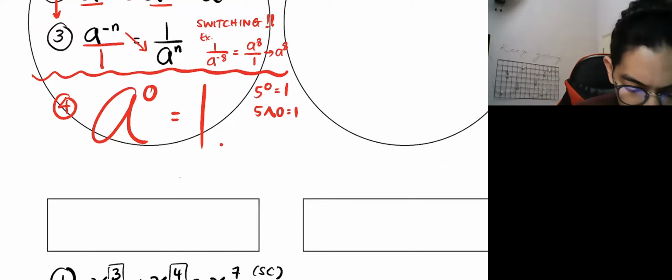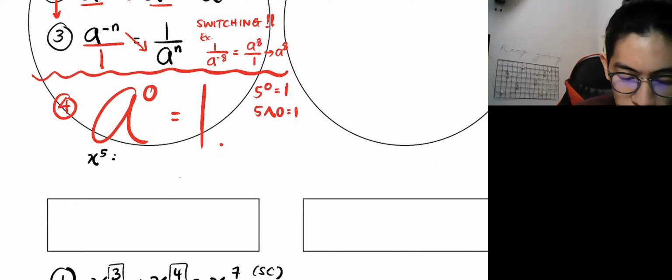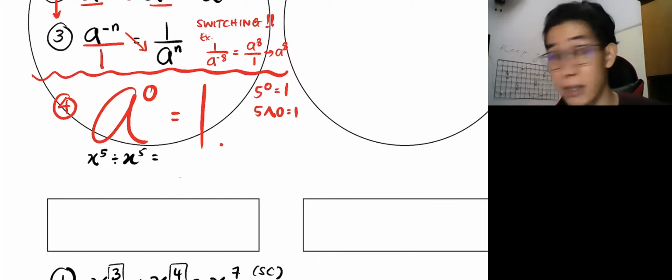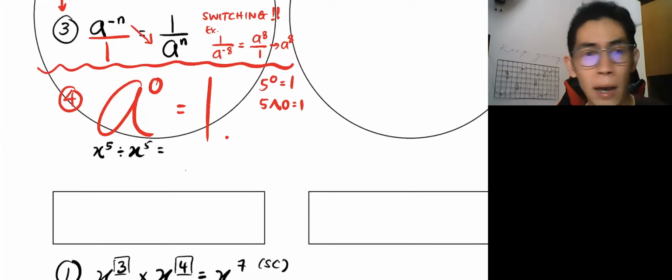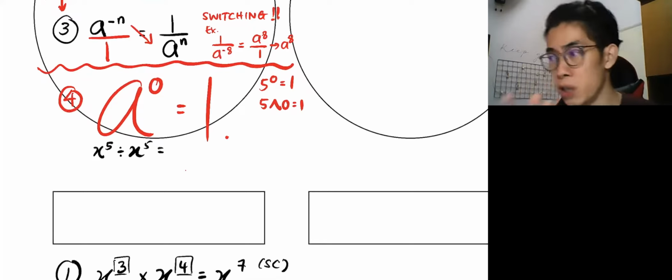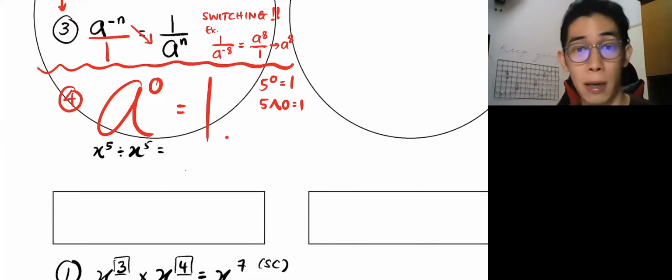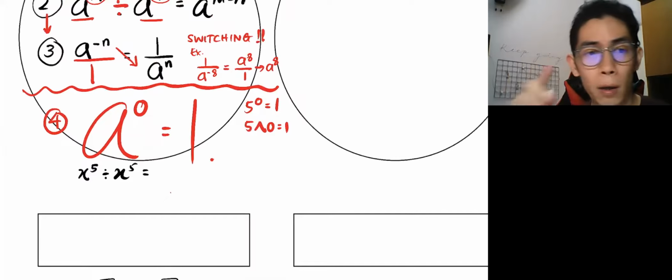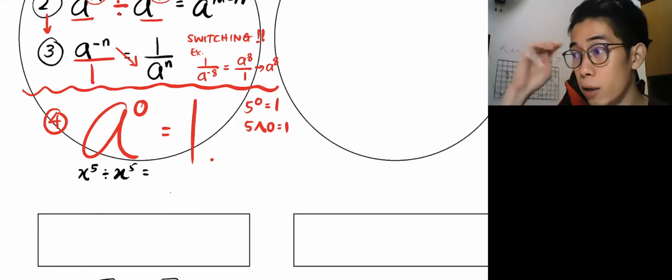Now, x power 5 divided by x power 5, everyone. Can you see I come up with one example? When my teacher wrote this, some students said they understood already, very nice.